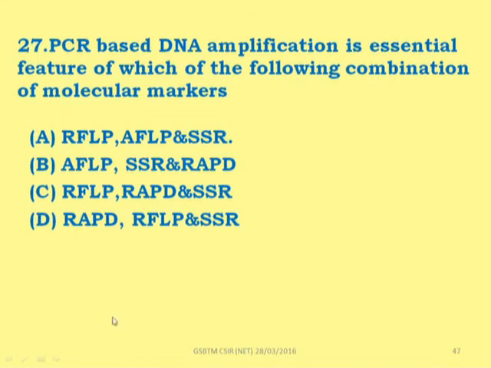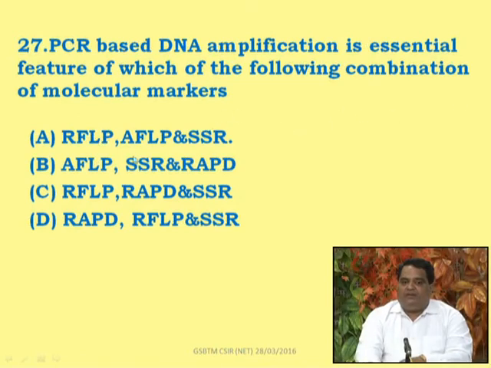Next one. PCR based DNA amplification is an essential feature of which of the following combination? RFLP, AFLP, SSR; AFLP, SSR and RAPD; RFLP, RAPD and SSR; RAPD, RFLP, SSR. We can see RFLP, restriction fragment length polymorphism, AFLP and SSR.